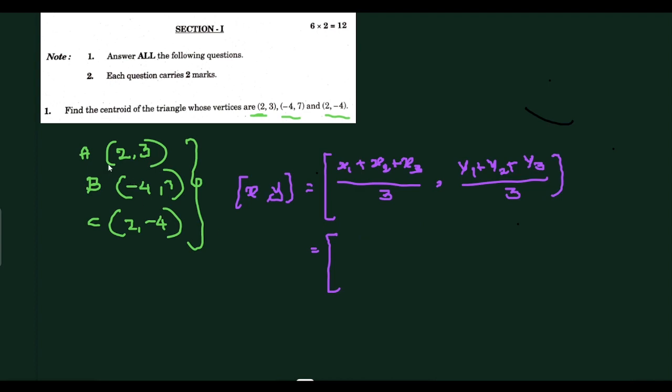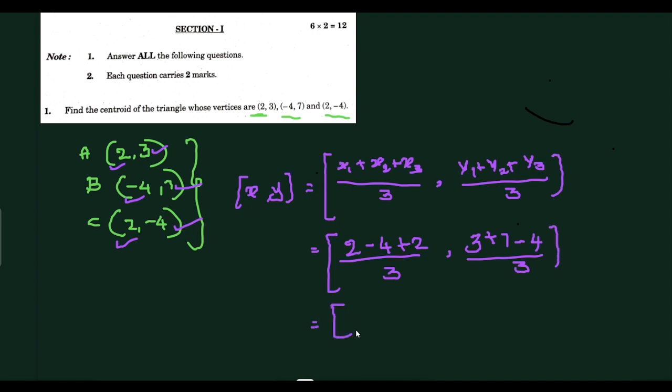First, x1 is 2, x2 is -4, x3 is 2, so I can write (2 minus 4 plus 2) by 3. And then y1, y2 and y3, so you can simply write (3 plus 7 minus 4) by 3. Now just add all these numbers.